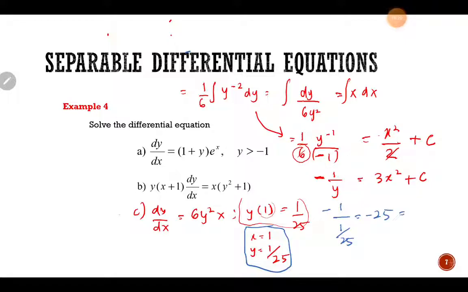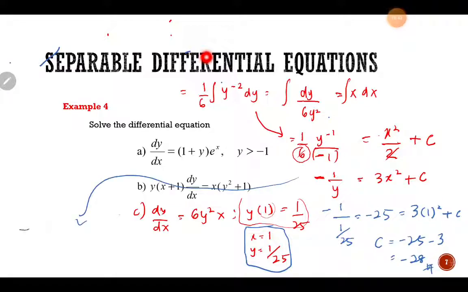Okay, and then 3x square, x kita 1 square tambah c. So in this case, our c sama dengan negative 25 tolak 3. So it's going to be negative 28. Okay, our c is equals to negative 28. So jawapan kita sekarang ni adalah negative 1/y is equals to 3x square minus 28.